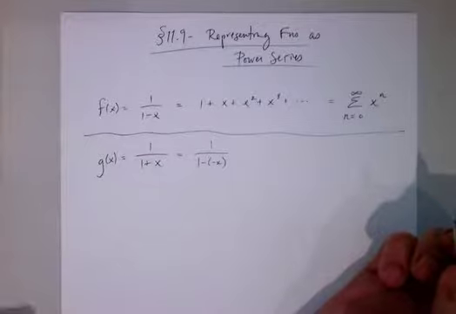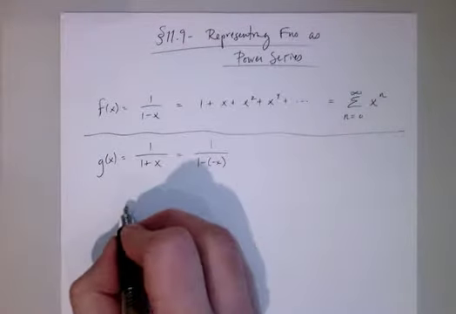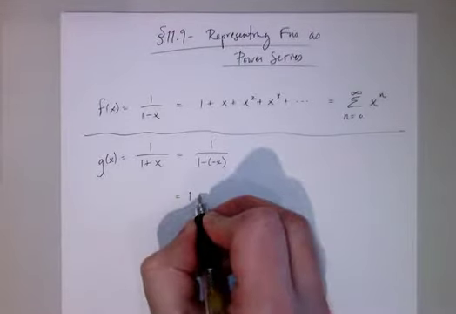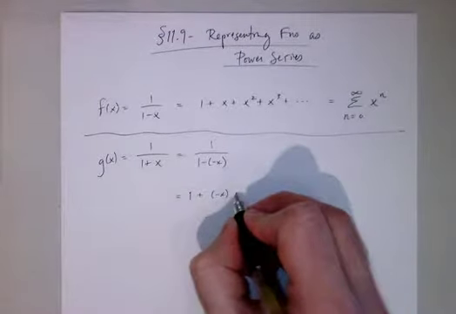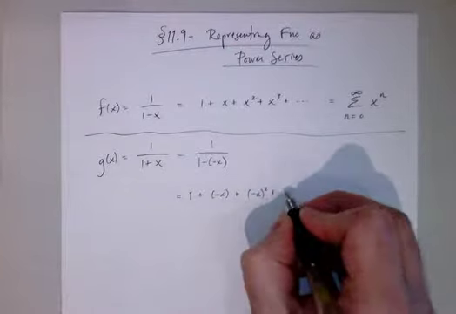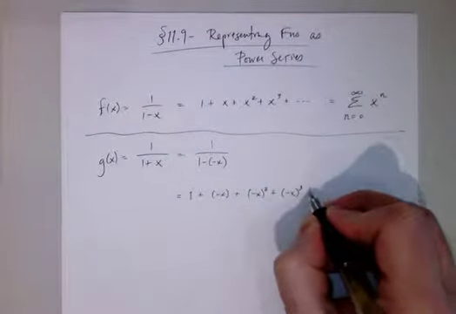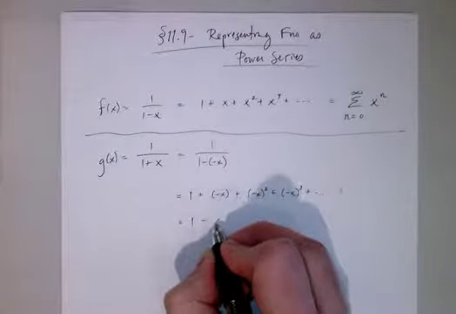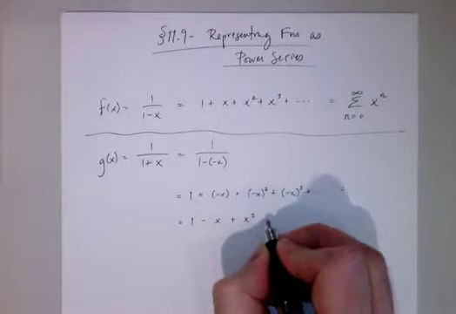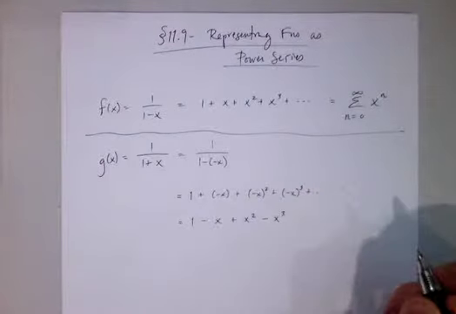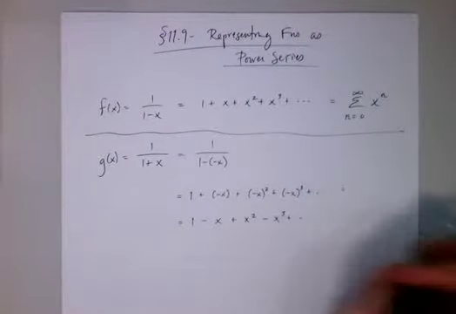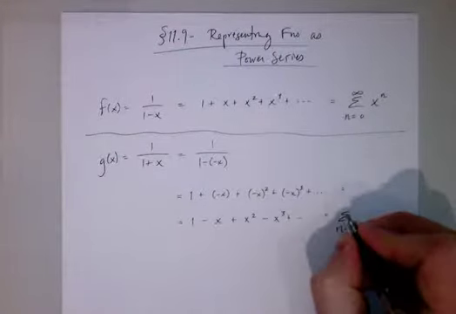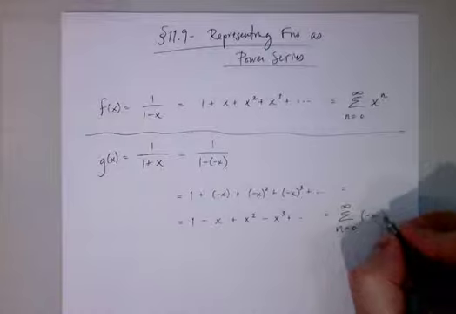So could I actually just represent that as 1 plus negative x plus negative x squared plus negative x cubed plus, and of course every odd degree will turn negative and every even degree will remain the same. And so what I have here is negative x to the n.